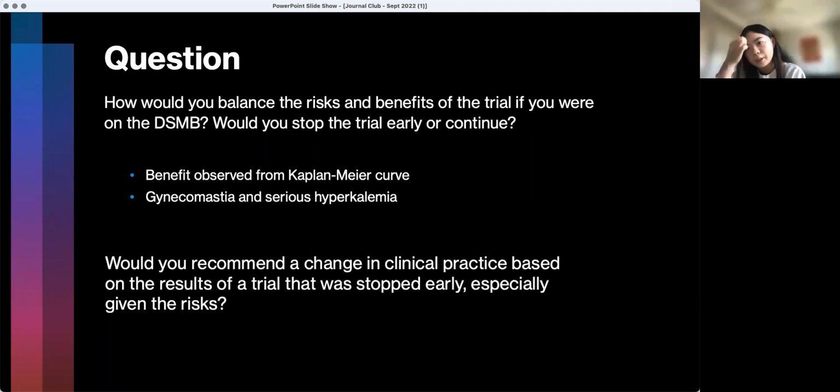And also, just to bring up another article, there's another study done after the publication of this clinical trial showing that the rates of hyperkalemia actually went up. More people were prescribed the treatment, and then more hyperkalemia was observed as well.